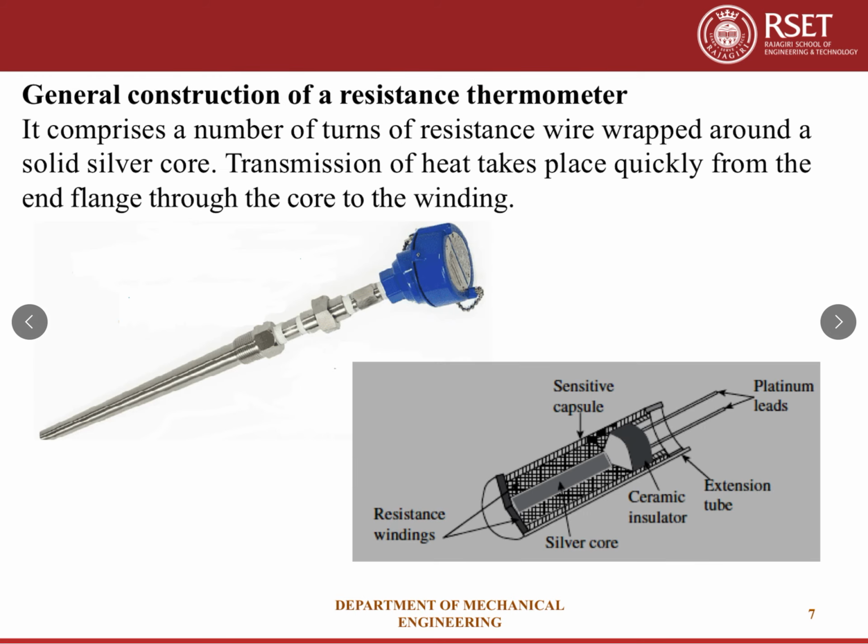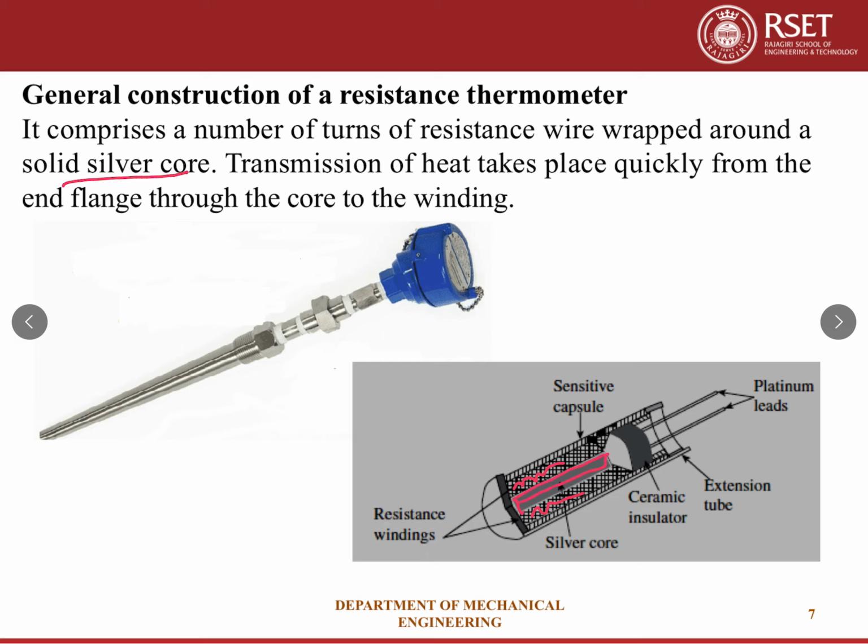Then, the general construction of a resistance thermometer. It comprises a number of turns of resistance wire wrapped around a solid silver core. We can see the resistance element. So you can see the RTD construction. Here we can see a number of resistance element wires and a central core.